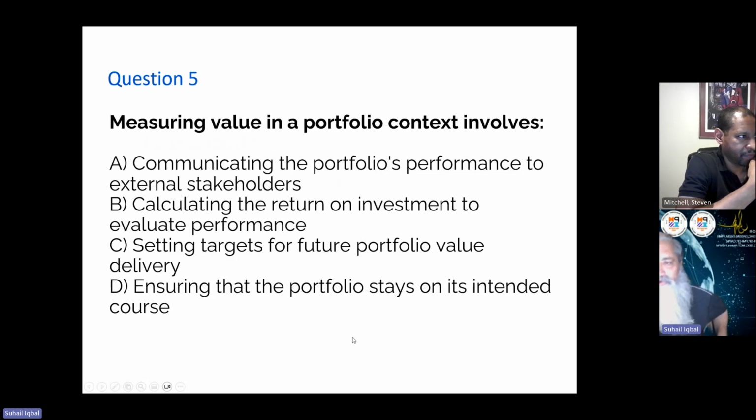Measuring value in a portfolio context involves communicating the portfolio performance to external stakeholders, calculating the ROI to evaluate performance, setting targets for future portfolio value delivery, ensuring that the portfolio stays on its intended course. B. Calculating the return on investment to evaluate performance. I think that is the best answer.